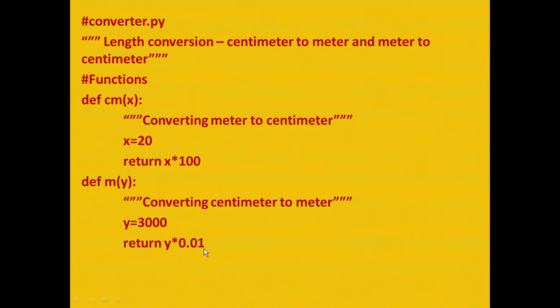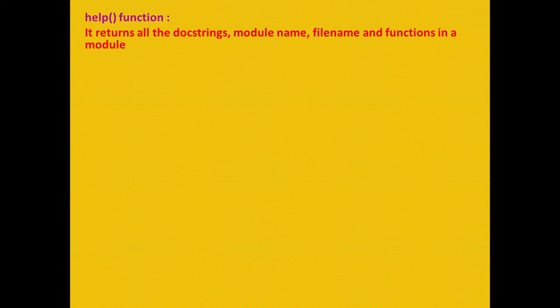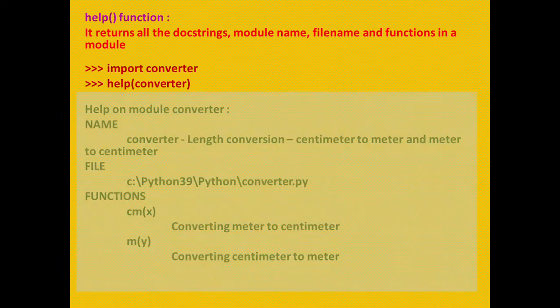So let us see how to proceed with this. There is a function called help function which will return all the docstrings, the module name, a file name if any given in that, and the functions if any given in that module. Let us see how it works with this example. For that, in the IDLE screen, you have to first type this command, import the .py extension file name and help of the same file name.